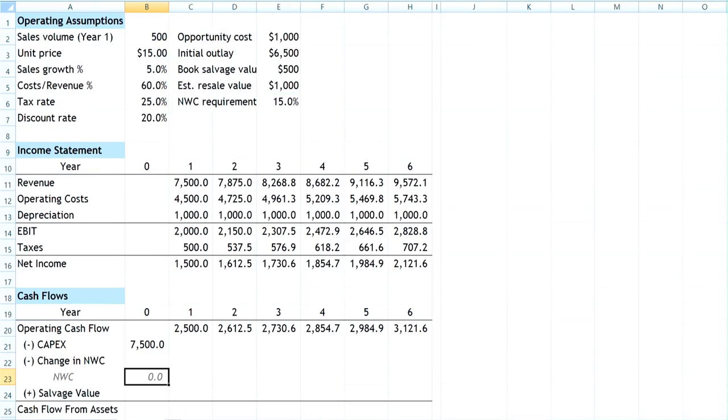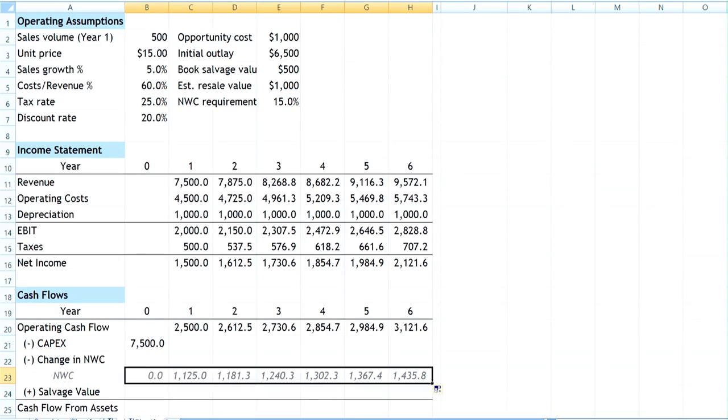Of course, net working capital in year 0 is 0 because the operation hasn't started yet. But as the project starts to generate revenue, starting from year 1, it also has required net working capital, as can be seen in row 23.